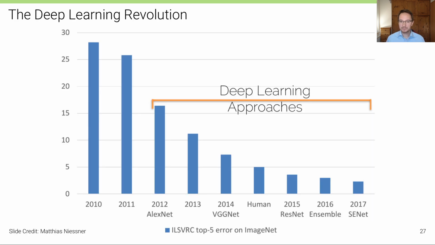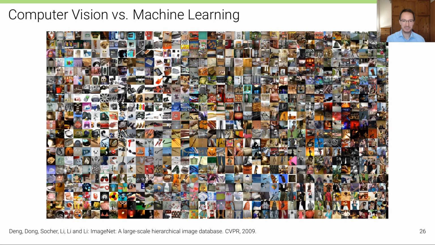As you know, in the last 10 years, deep learning has revolutionized computer vision, but also computer vision has formed the basis for revolutionizing deep learning. Here you see, as an example, the progress on this ImageNet classification problem where there's 1 million images with 1,000 different categories, and the goal is to classify each of these images into one category.